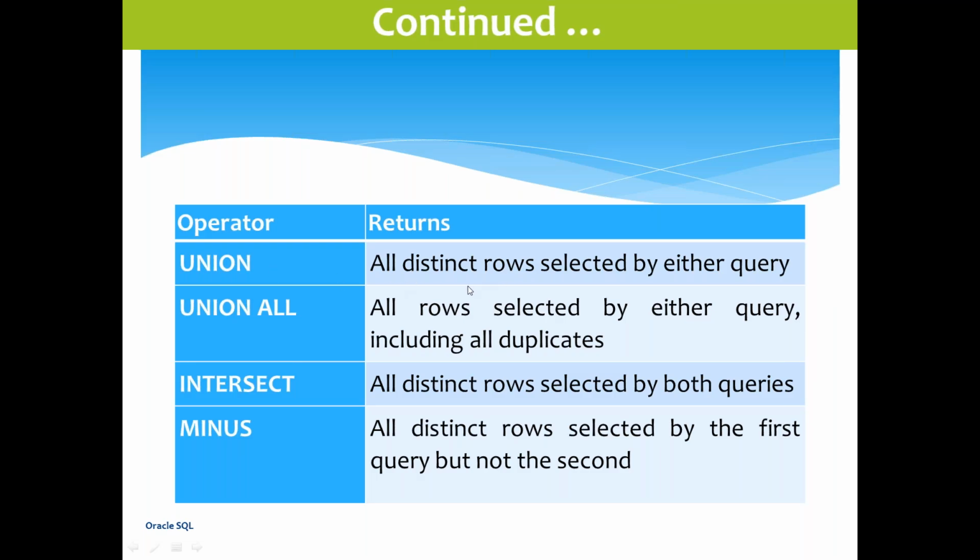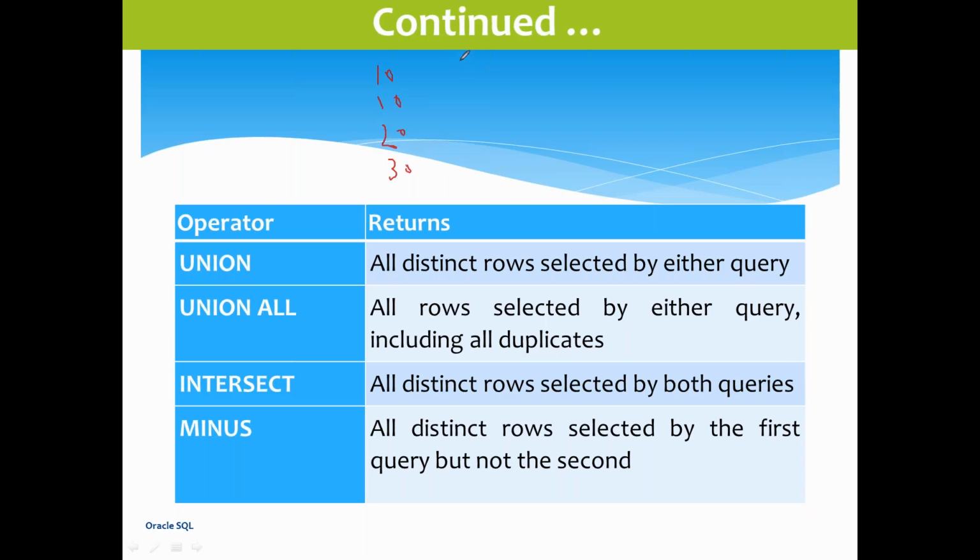In union, what will happen? All the distinct rows selected by either query. So from both queries, whatever distinct rows are coming, only those it will take in union. Suppose in one table, table A, we have 10, 10, 20, 30.